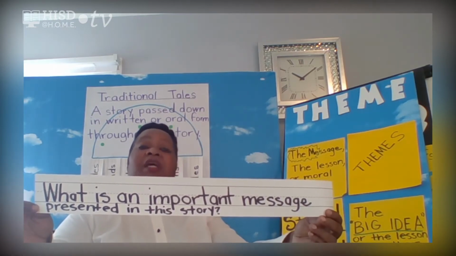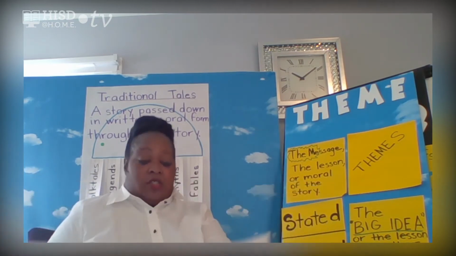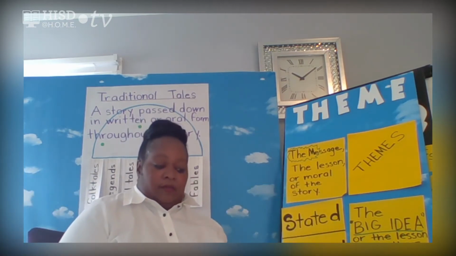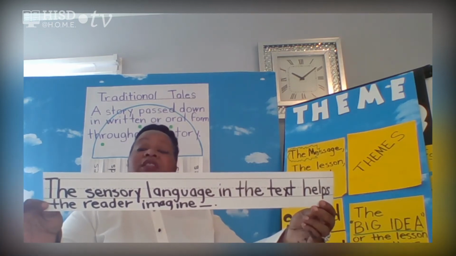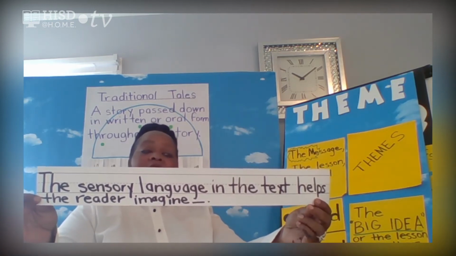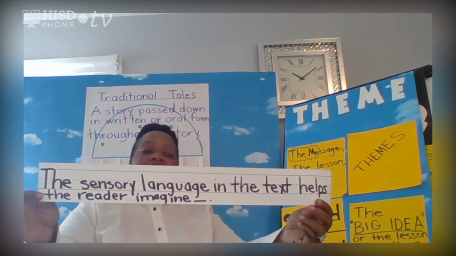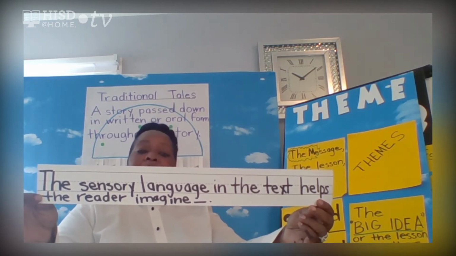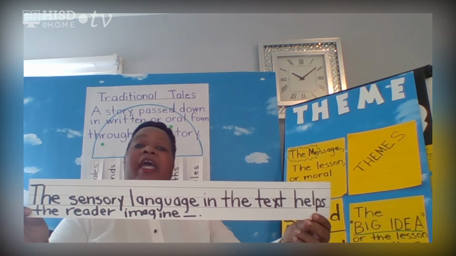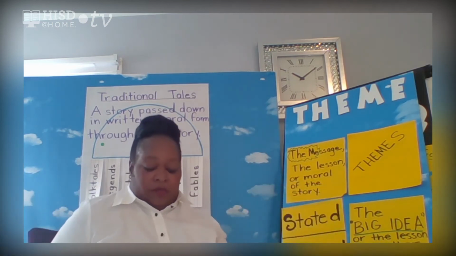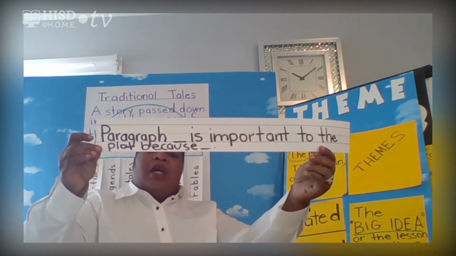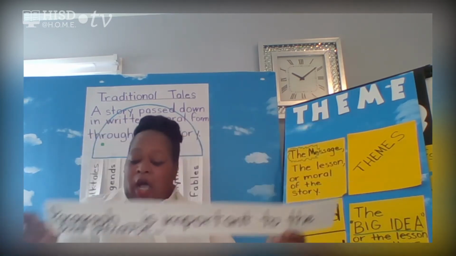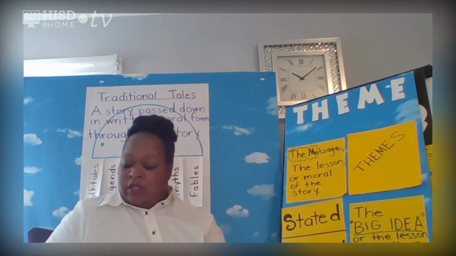Remember, a theme is a lesson or message in the story. The sensory language in the text helps the reader understand. Paragraph blank is important to the plot because we always want to think of these things.